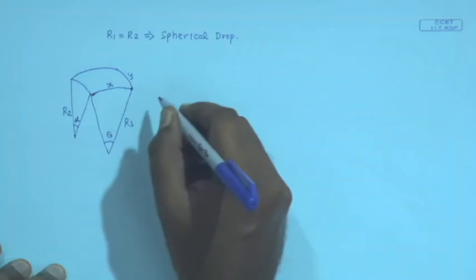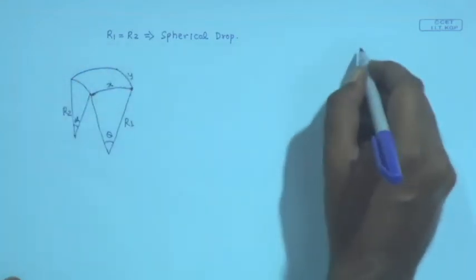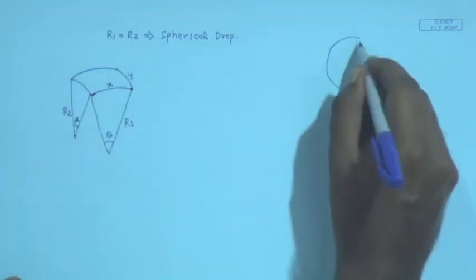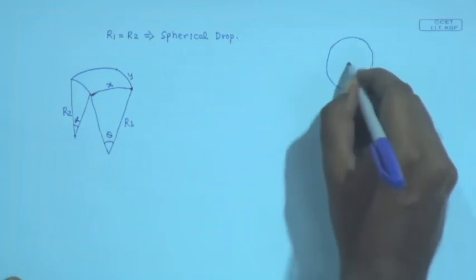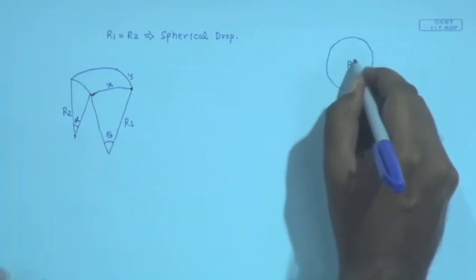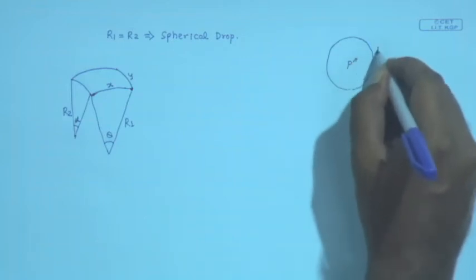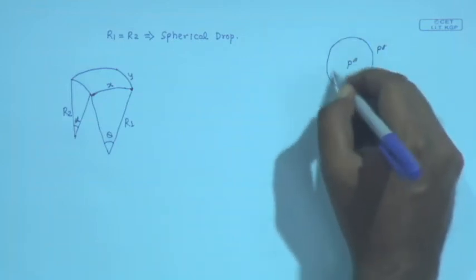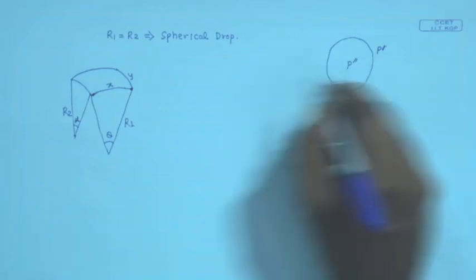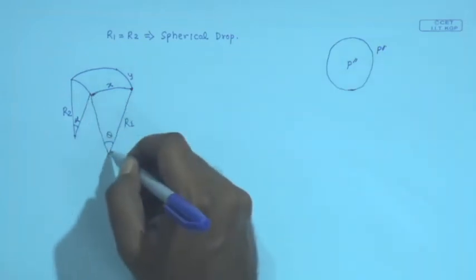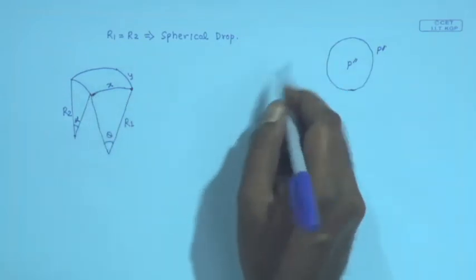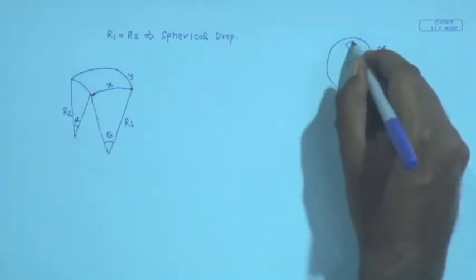So, what we do is that we consider a curved object, pretty similar consideration as the previous case. The pressure inside is P double dash, pressure outside is P dash. Instead of assuming it to be spherical, we now consider that it has 2 radii of curvature R1 and R2, and we are simply looking at a small section of it.